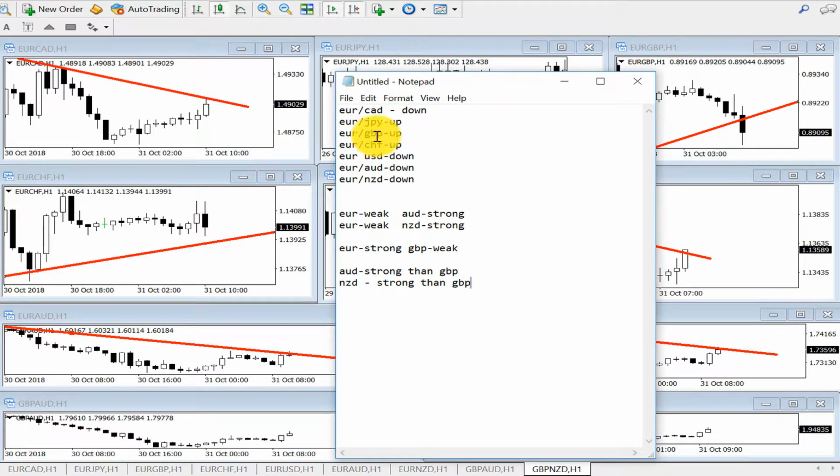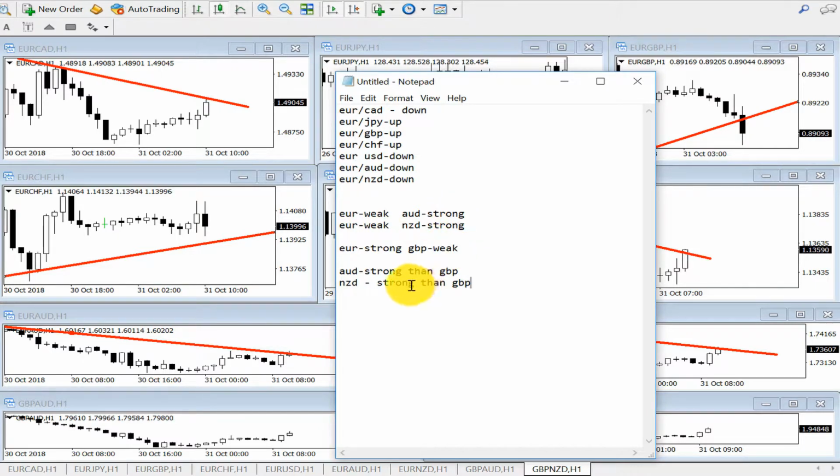But in euro GBP, euro is in uptrend, so euro is strong and GBP is in weak mode. Here euro is strong, GBP weak. So as euro is stronger than GBP, and euro is weaker than Australian dollar, ultimately Australian dollar is stronger than GBP. This is the result: euro is stronger than GBP but euro is weaker than Australian dollar.